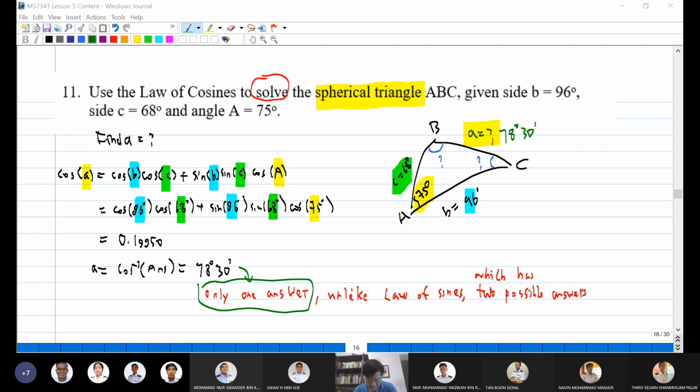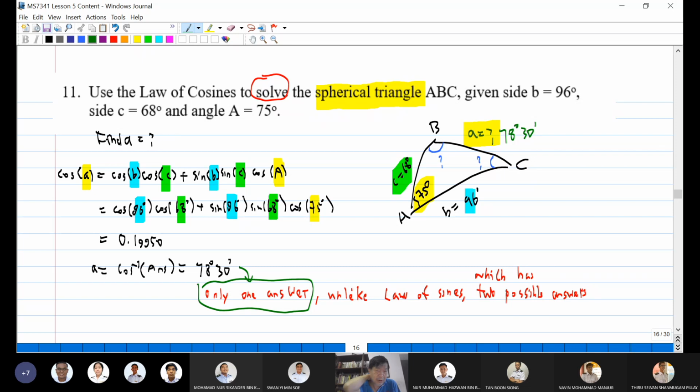Okay, so next I want to find angle B and angle C. You can try. Now you have at least two sides and two angles now. Two sides to find the rest.